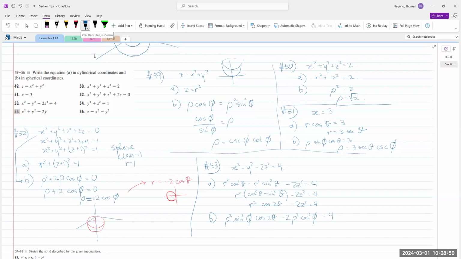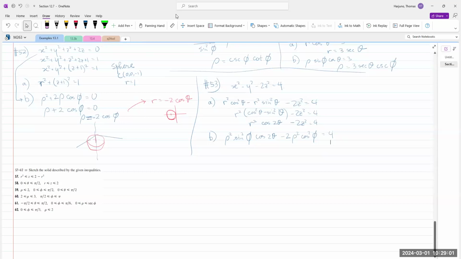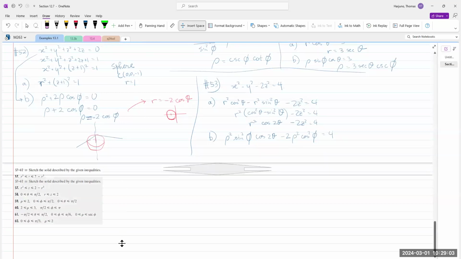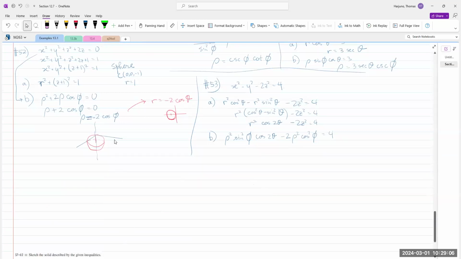I can divide by rho squared? Actually, no, because the other side is not 0. If it is 0, then I can, but here, no. So rho squared times (sine squared phi cosine 2 theta minus 2 cosine squared phi) equals 4. I think that's the furthest we can go.